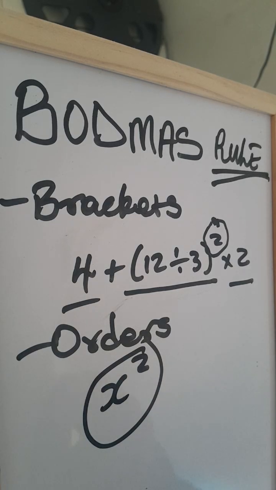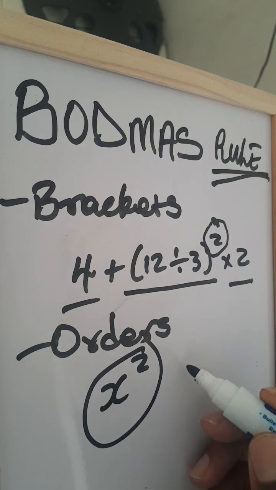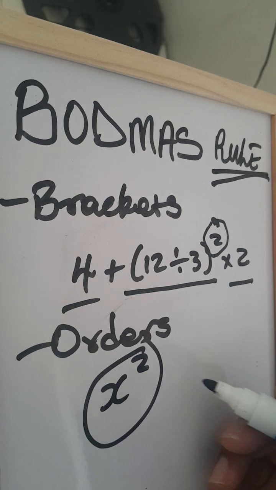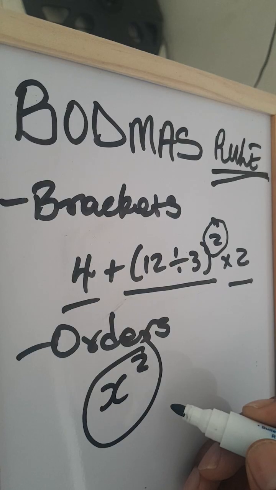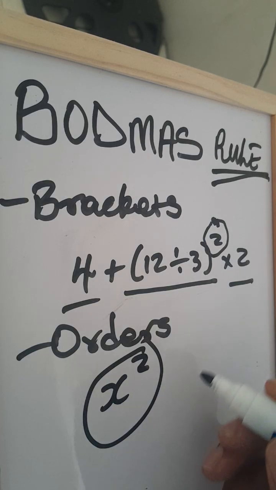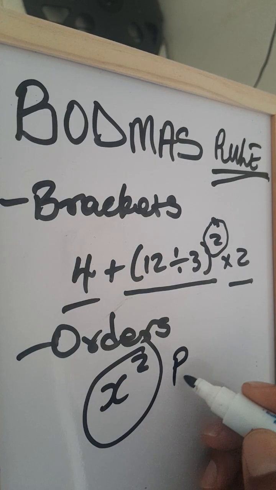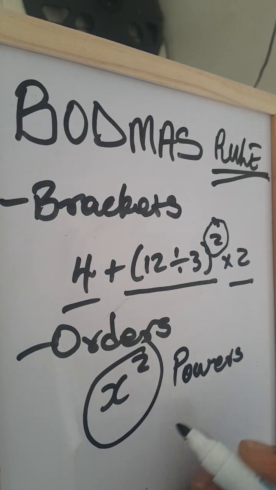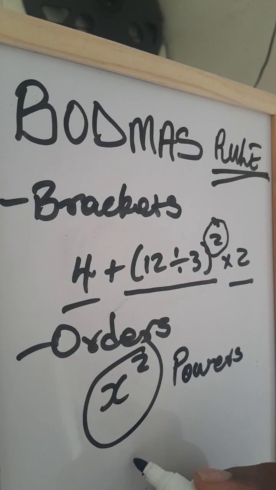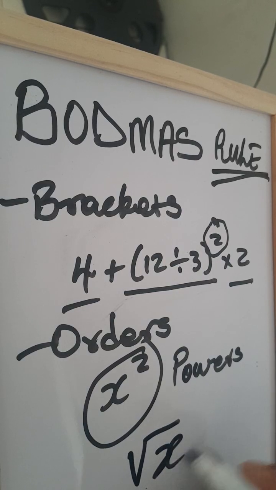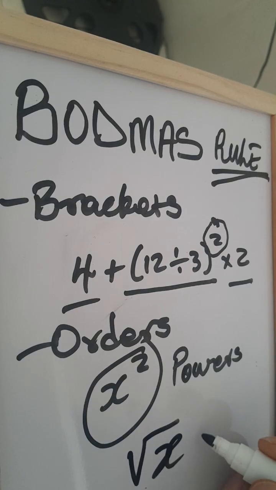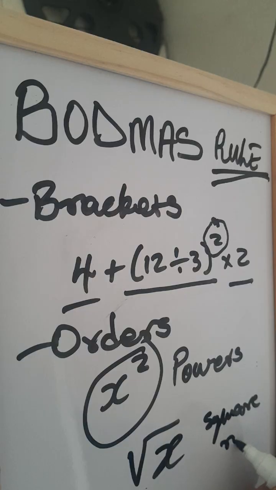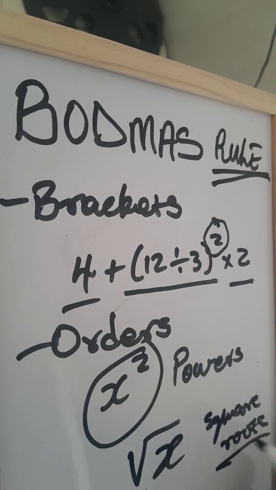Or sometimes you find that there are square roots. So we deal with the powers, then we deal with square roots, something that has got a square root, like this.